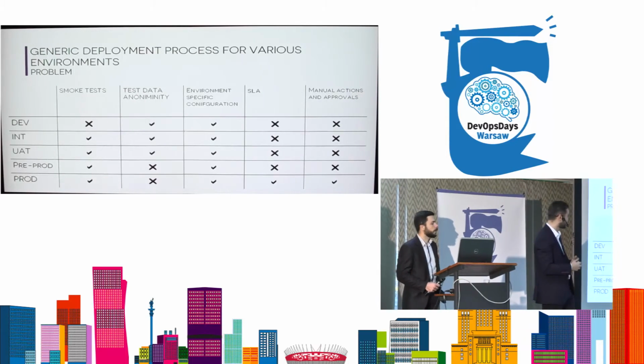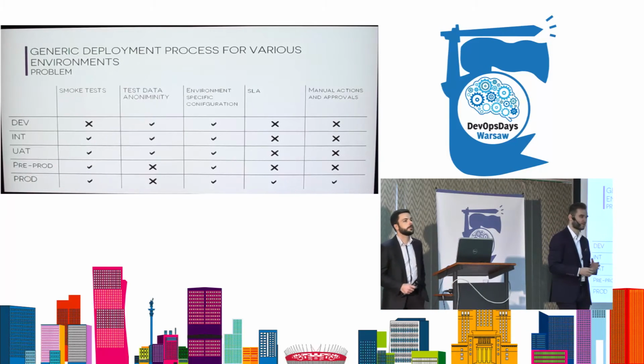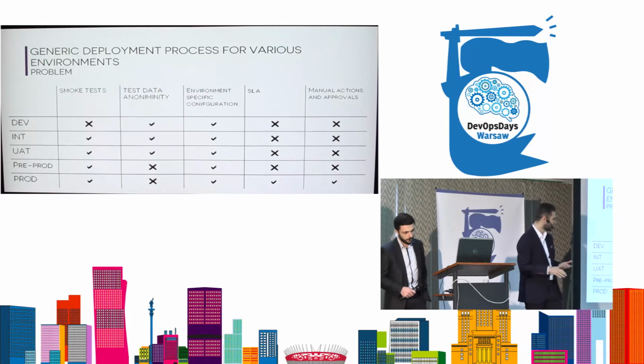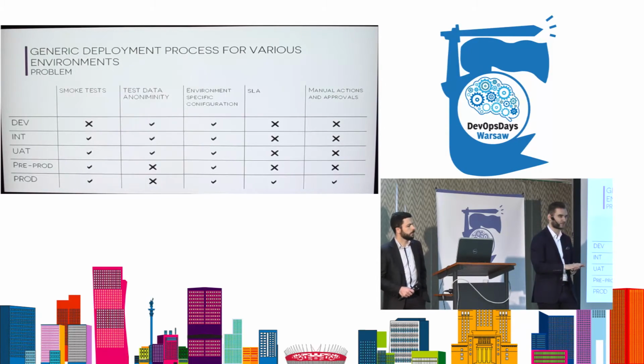And finally, there are some manual actions or approvals, because we want to know what is going into production. So we want to approve it manually before the process starts. Those differences give some the idea that we might create many deployment processes in order to be able to deploy to many different environments. But this is not what we want to do.